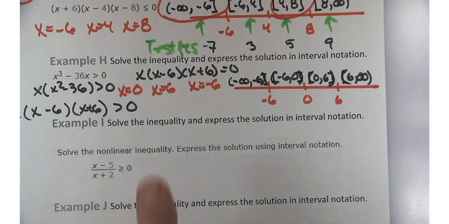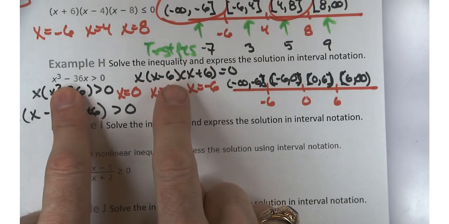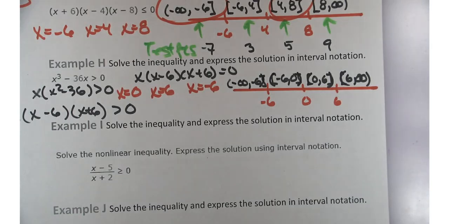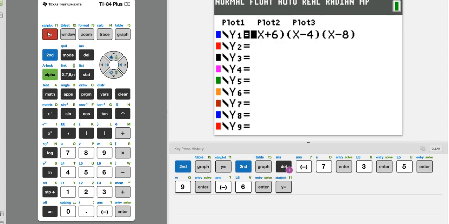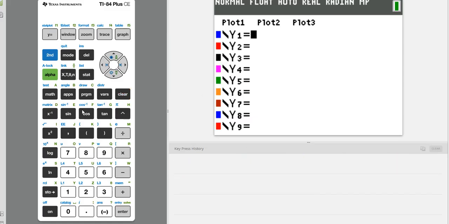Let's plug in one of these 2 forms of an expression. Either you can plug in x cubed minus 36x, or you can plug it in factored. It doesn't matter. But either way, you have to change what you have in the equation editor. Let's clear that out. I'm just going to plug in the x cubed minus 36x.